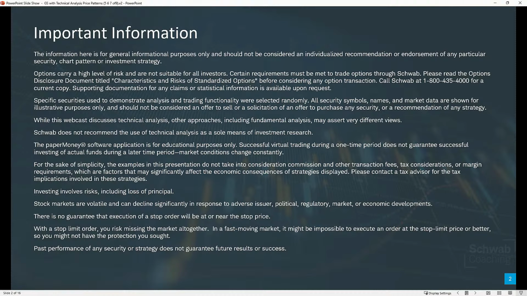Just before we get into the meat of our presentation, just a reminder that we're going to talk about a lot of stuff today, but it's all for general information purposes only. None of it is to be construed as a recommendation or endorsement of any particular security or chart pattern or investment strategy. Also, if we do look at an options trade, know that options carry a high level of risk and aren't suitable for all investors.